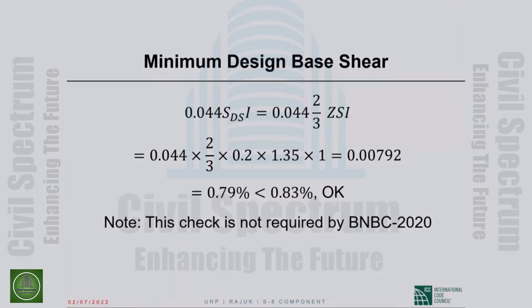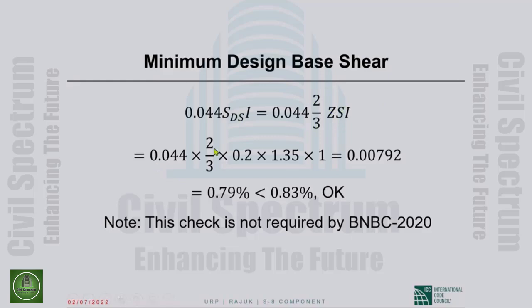0.044 S sub DS times I, that is 0.044, this S sub DS is 2/3 Z times S. Okay, if you go back a page or two, you will find this relationship.